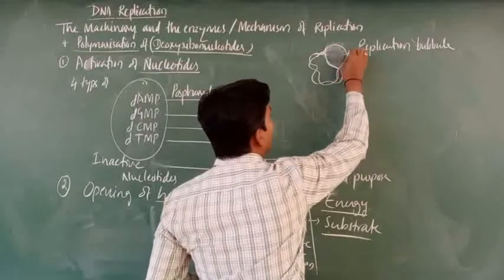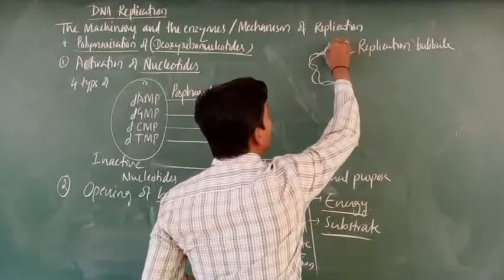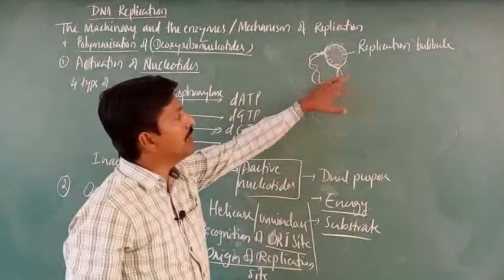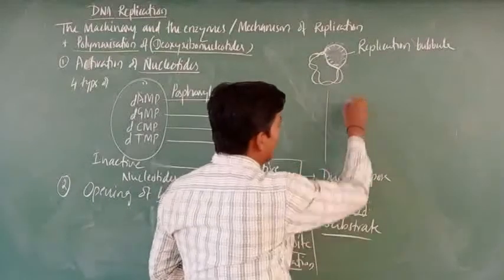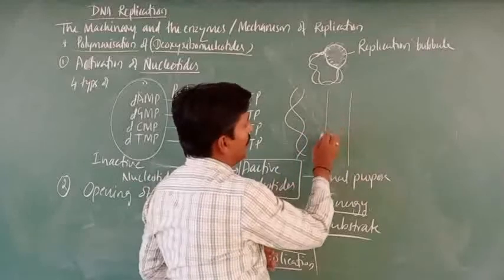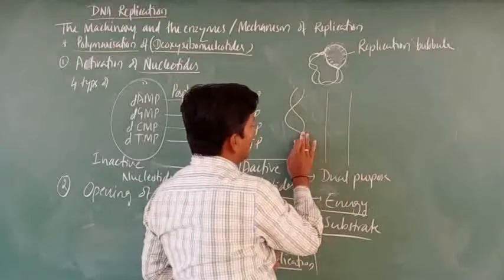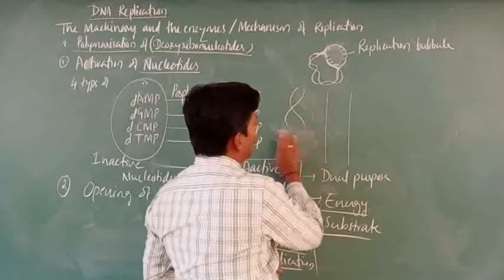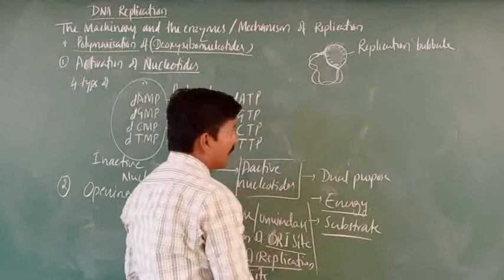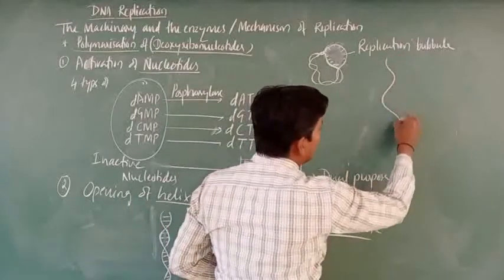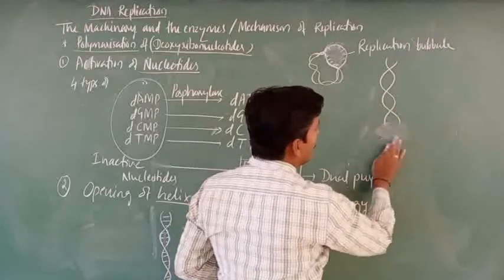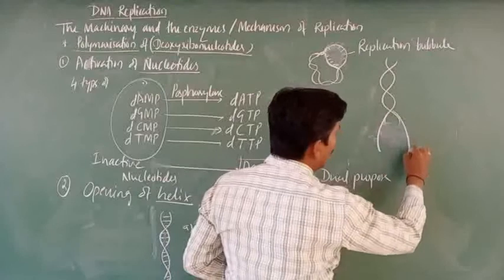So this is the open structure. From here it will begin to double. But in case of linear DNA, for example, this is the linear DNA, in this side it will be opened like this.